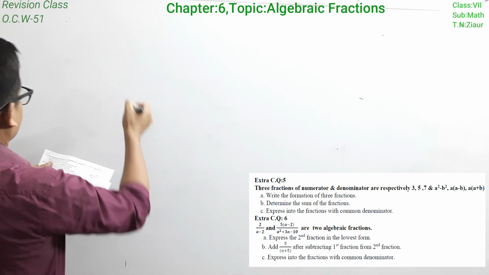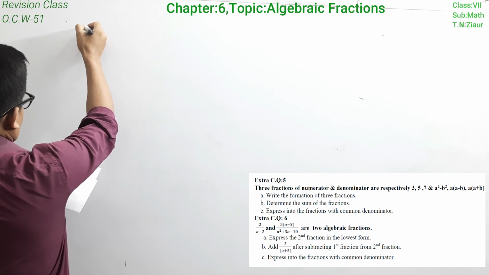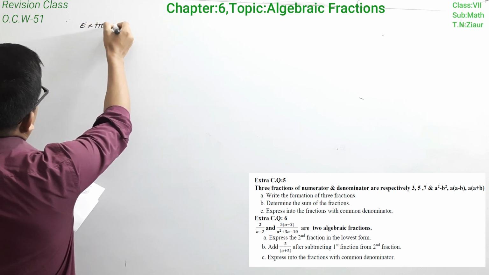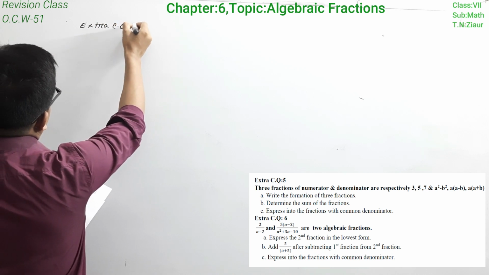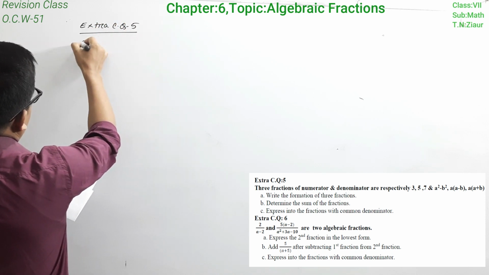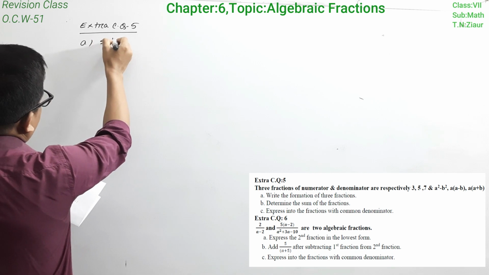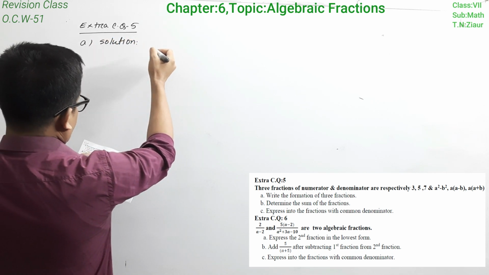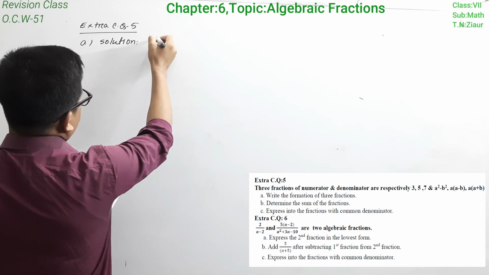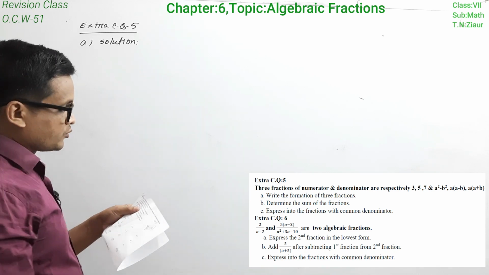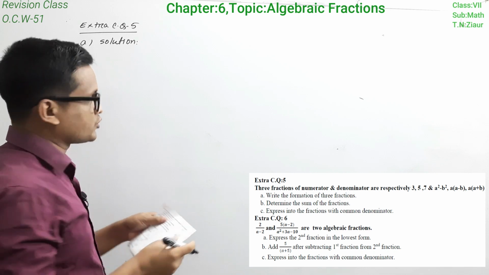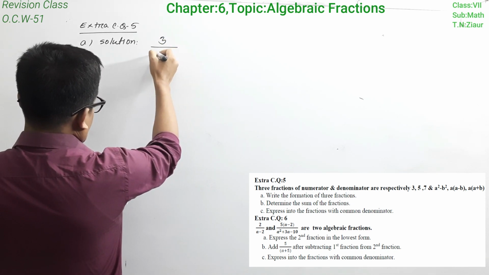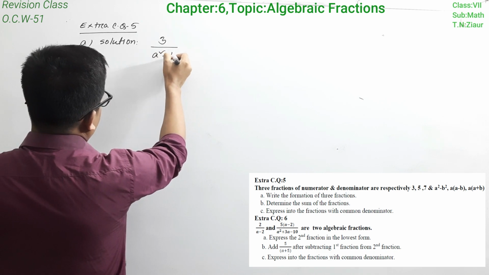So students, now we will write here the solution of extra CQ 5. We will solve part a first. Here the numerator given is 3, and we have to form the three fractions. So the first one will be 3 by a square minus b square.